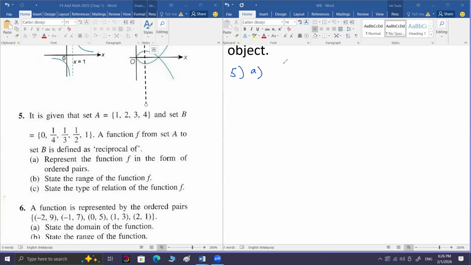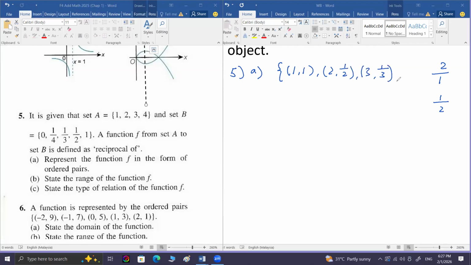You must put a set notation. Okay, 1. What is the reciprocal of 1? 1. 2. So, no, 2 is not 2 or 1. 2 is 2 per 1. So the reciprocal is 1 per 2. Okay, 2, 1 per 2. Next, 3.